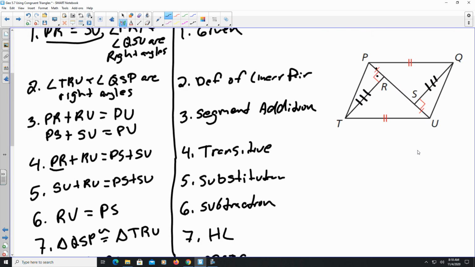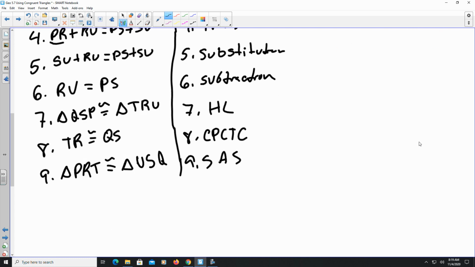So now that I have that these two triangles are congruent, I can conclude that these two sides are congruent because of corresponding parts of congruent triangles are congruent. So for part 10 here, I can say that PT is congruent to QU, because again, corresponding parts of congruent triangles are congruent.